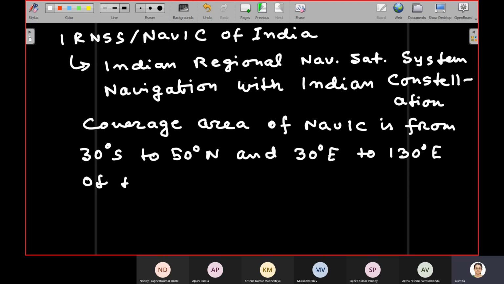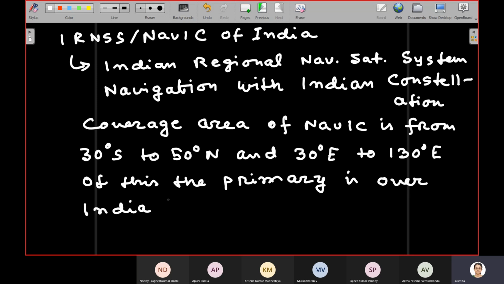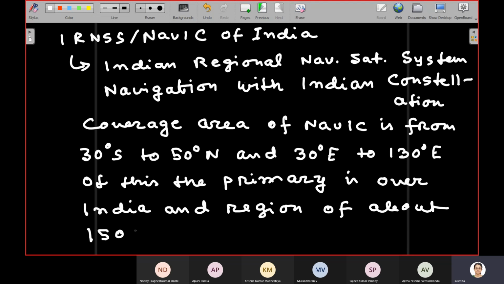Of this, it has two coverage areas, primary and secondary. The primary coverage area will have all the satellites visible all the time. The primary coverage area is over India and the region of about 1500 kilometers surrounding it.